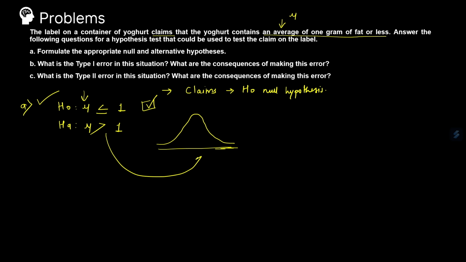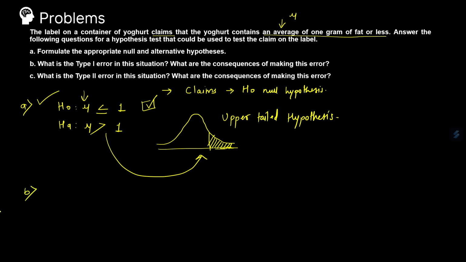Herein the point of the symbol is pointing towards the right direction, so this will look like this, and we will say that this is our upper tailed hypothesis. So our question A has been solved.